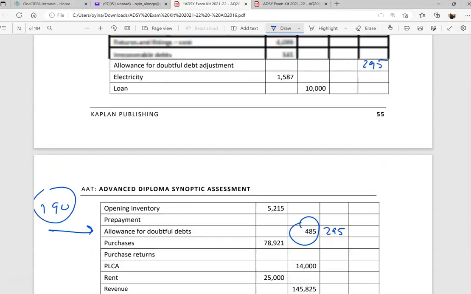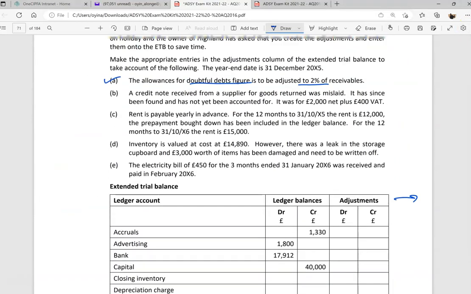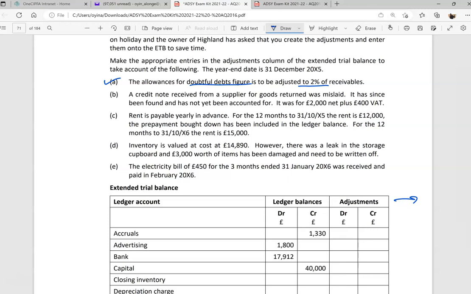The next balance to work on is this credit note. This is a credit note received from a supplier that was mislaid. We were expecting the credit note, and now we've found it. That's a purchase return, and it affects my trade payables and VAT. When I get a return, that reduces purchases.